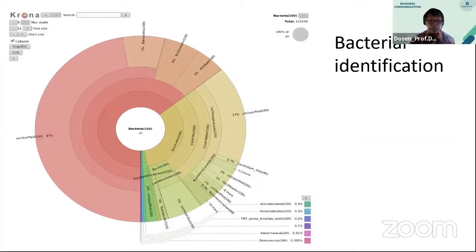Okay, maybe this is my last picture I want to share. If you have any time to go to Yogyakarta to the Biotechnology Research Center, we established the MinION center over there.